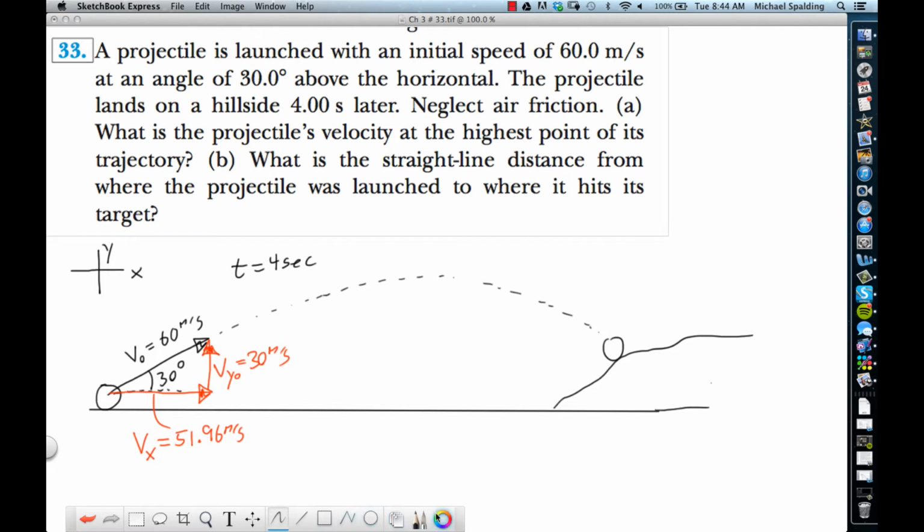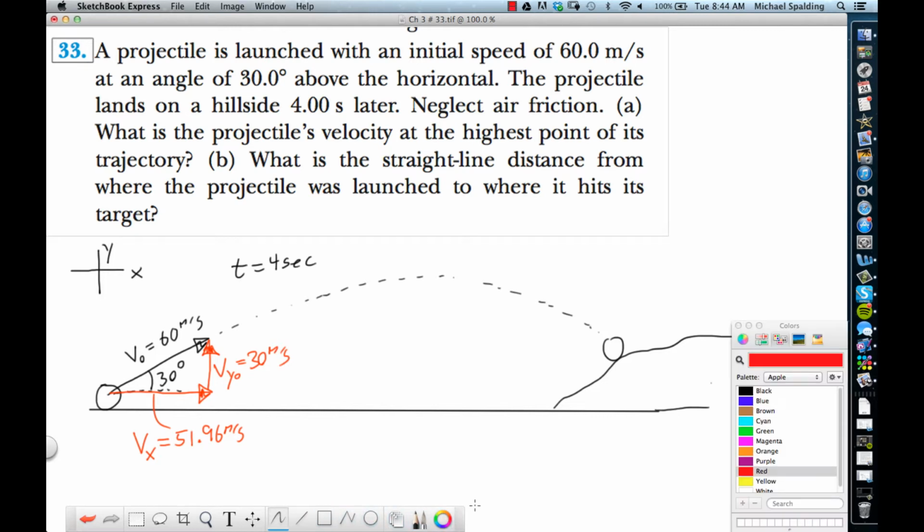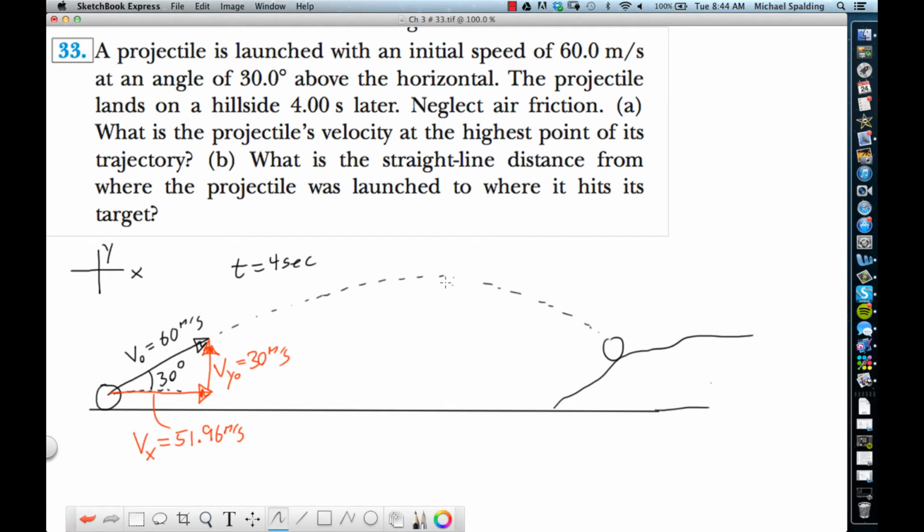Okay. Now, what do we know about the accelerations? The problem doesn't mention it because it assumes we know. As the ball flies through the air, what's the x acceleration? 0. Why is it 0? The x velocity remains constant.